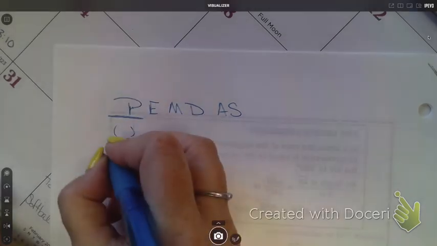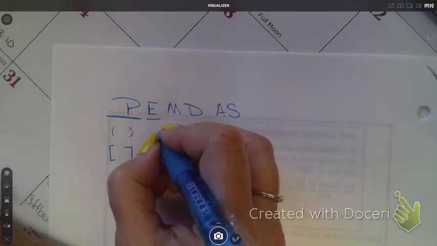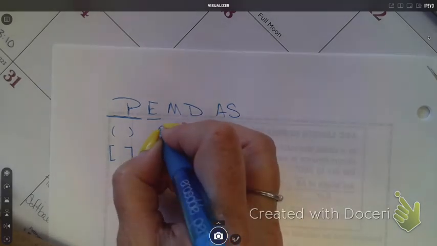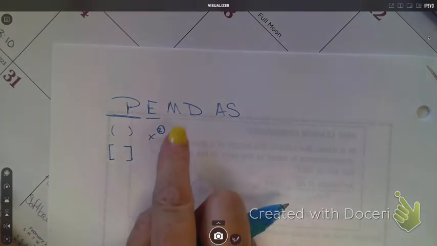In PEMDAS, and please excuse my dear Aunt Sally, what does P stand for? Parentheses. Grouping symbols. Yes? What does E stand for? Exponents. What does M?